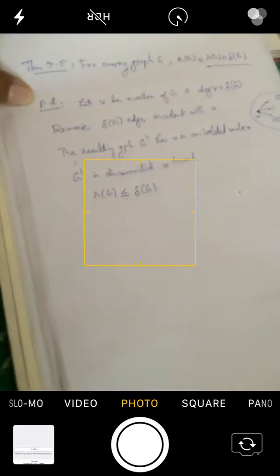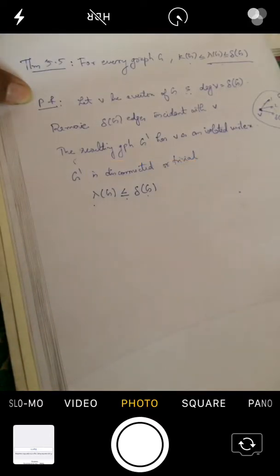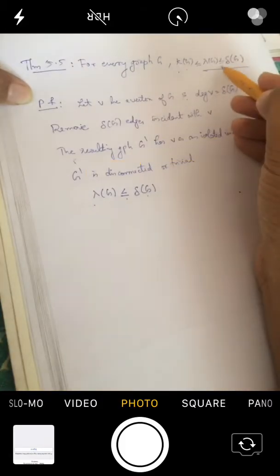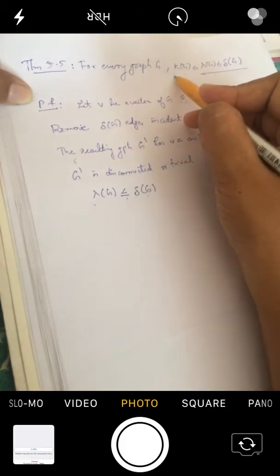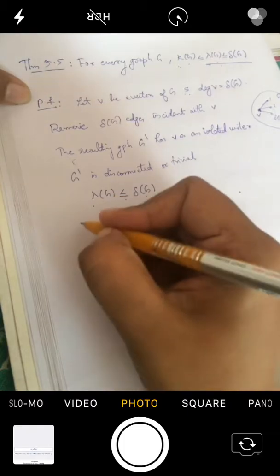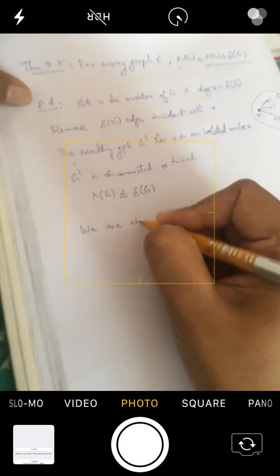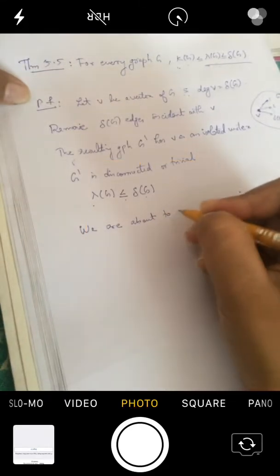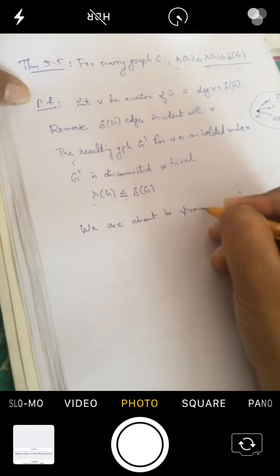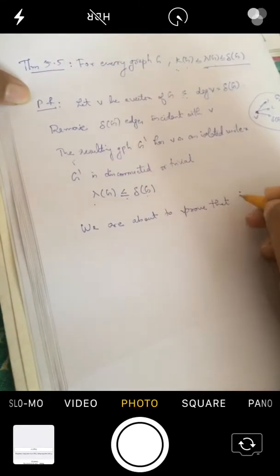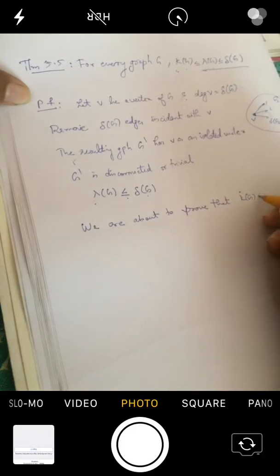Now we need to prove the other inequality, that kappa of G is less than or equal to lambda of G.